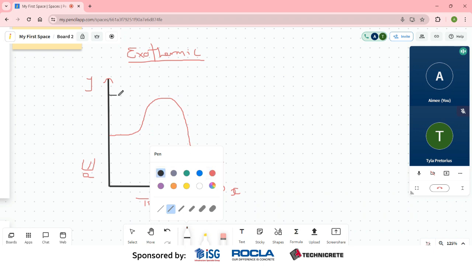Obviously, you need to draw these all in appropriate colors. You can't just use any color you want.